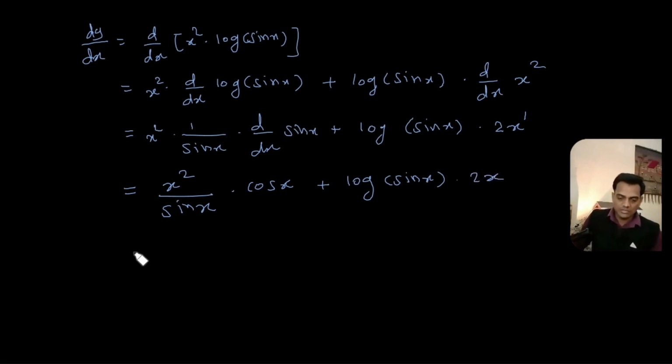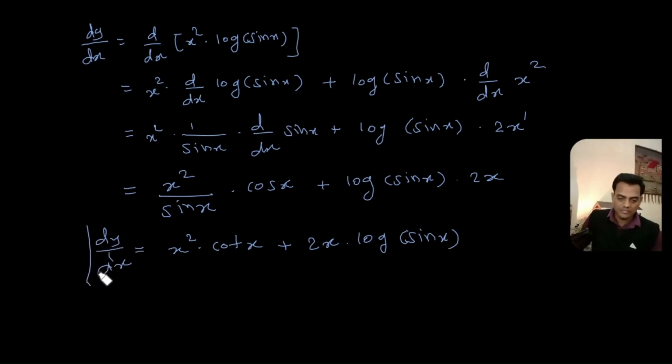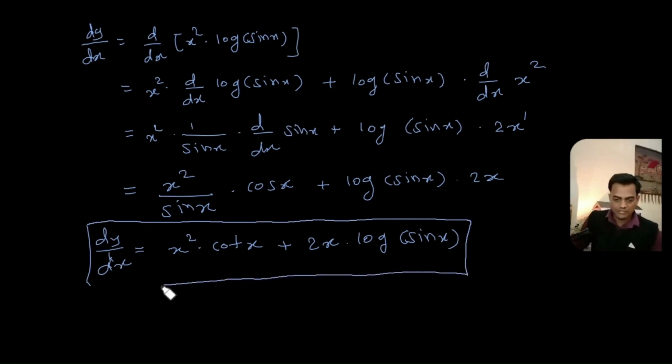When you solve it, it becomes x square into cos x divided by sin x, which is cot x, plus 2x into log of sin x. So dy by dx is equal to this. That's done.